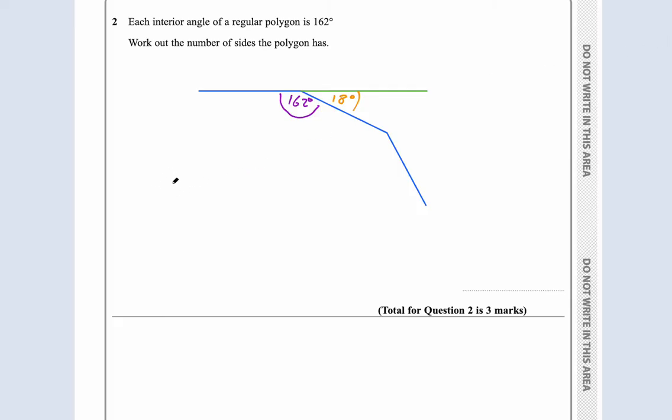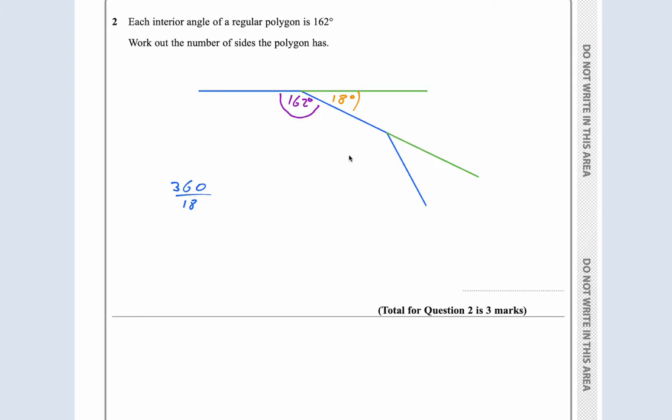So if that angle is 18 degrees, the way we find out how many sides it has is we say 360 divided by 18. Because think about it, how many of these exterior angles are there going to be in the polygon? Well, there's going to be enough of them so that when I add them all up, I get 360 because it just goes around in a circle.